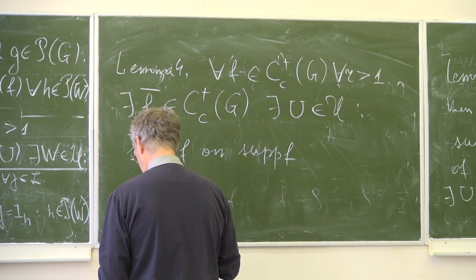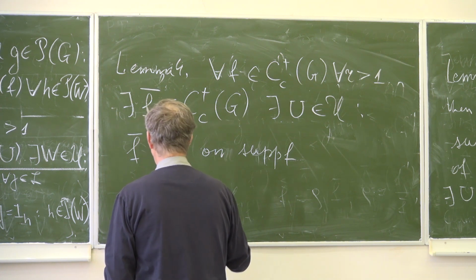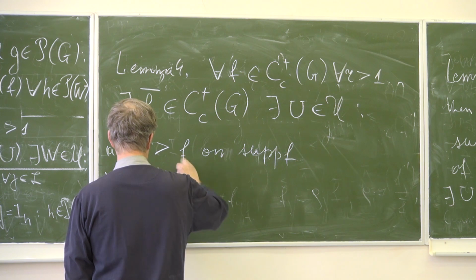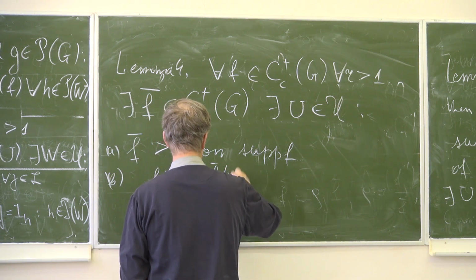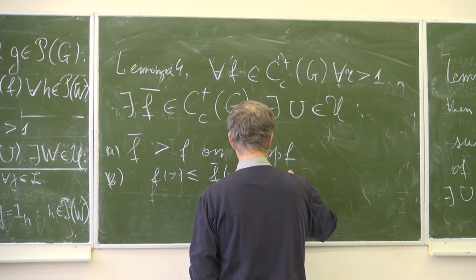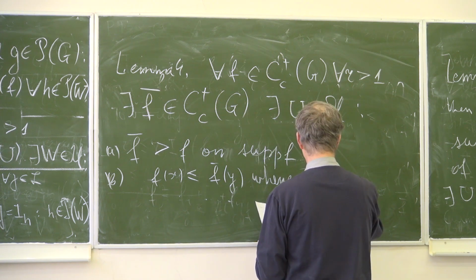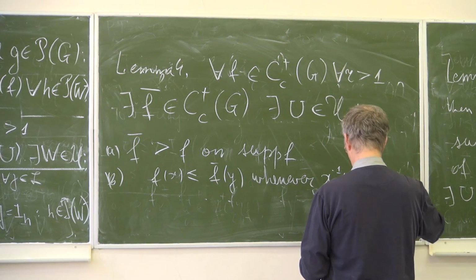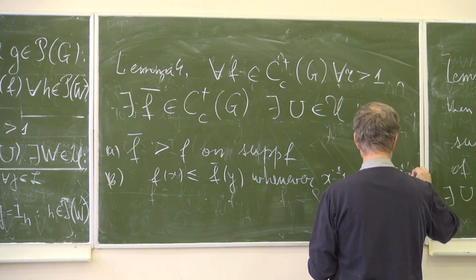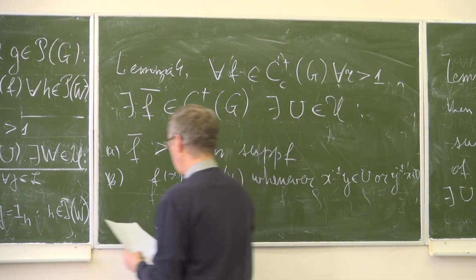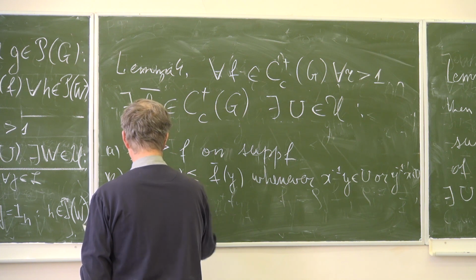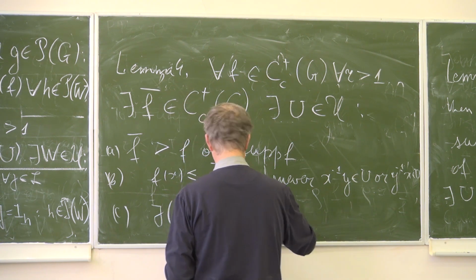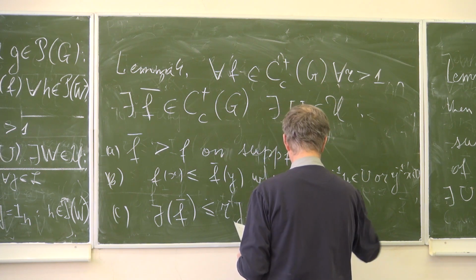And the second thing, so this is A, B: f of x is less than or equal to f bar of y whenever x to the power minus 1 y is in U, or y to the power minus 1 x is in U. And the third thing, g of f bar is dominated by r g of f for every functional g in our class.